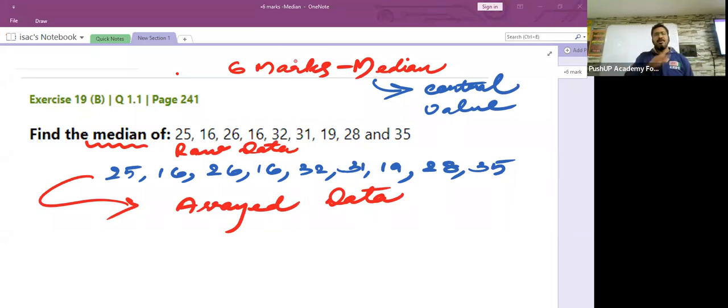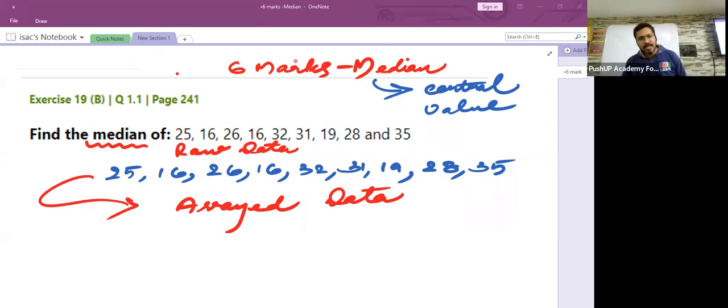Raw data means you have just arranged the observations in the way you want. You are least bothered about the order of the arrangement, and you have just written all the given observations in the way you want. See this: 25, 16, 26, 16, 32, 31. There is no order. But the moment you convert this orderless data into a proper order, that data becomes arrayed data.